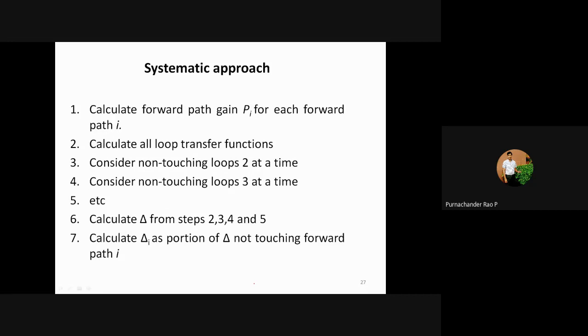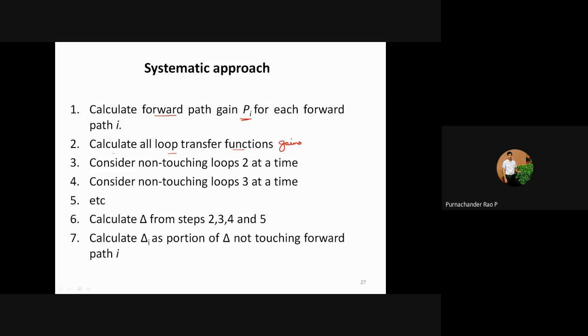Whenever you are solving a problem using Mason's gain formula, the first step is to calculate the forward path gains Pi. Then after finding the forward path gains, calculate all the loop gains.